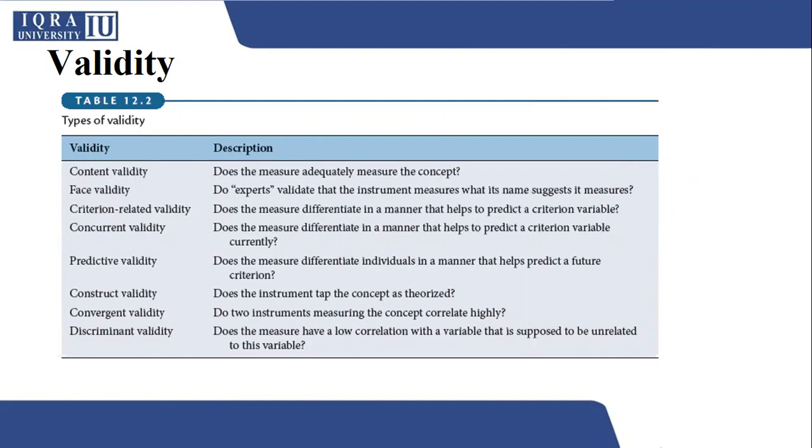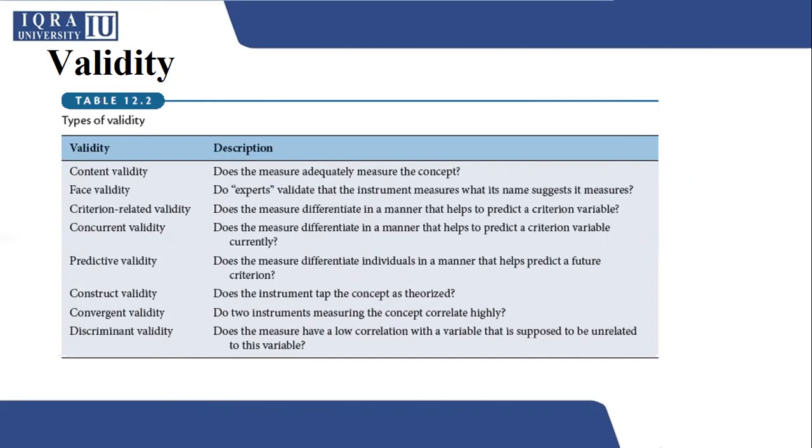Predictive validity. It means, does the measure differentiate individuals in a manner that helps predict a future criterion? Construct validity. Does the instrument tap the concept as theorized? Convergent validity. Do two instruments measuring the concept correlate highly? Discriminant validity. Does the measure have a low correlation with a variable that is supposed to be unrelated to the variable?